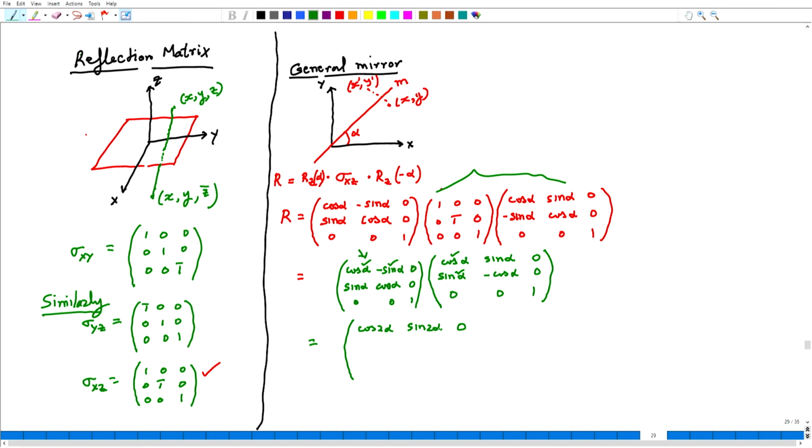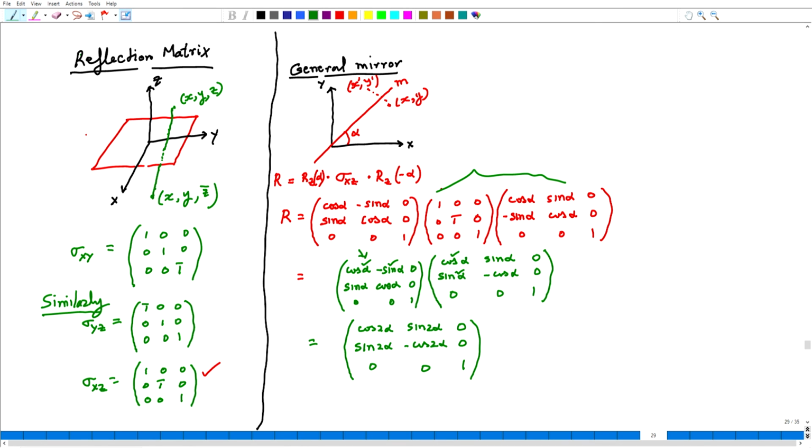Similarly, go second row, first column, second row, second column, and so on, and one will get sin 2 alpha, the first element of the second row, minus cos 2 alpha, 0, and the third row would be 0, 0, 1.